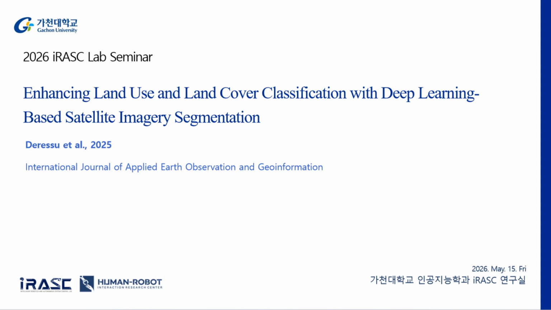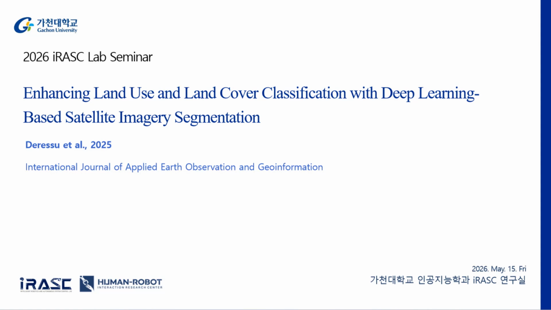Therefore, this paper is used not only for understanding land cover classification, but also for learning the general workflow of remote sensing semantic segmentation. This paper focuses on using deep learning-based semantic segmentation to classify land use and land cover from satellite images.